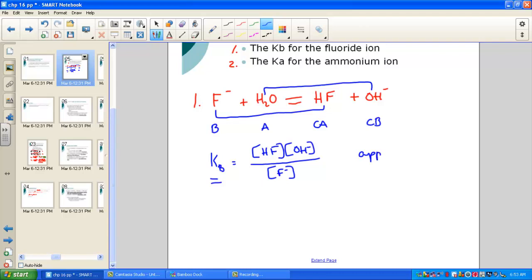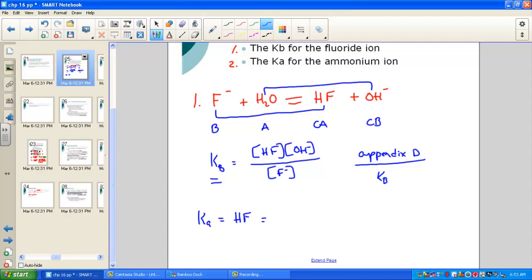So here I am in Appendix D, and no matter how I stare at the Kb, there aren't very many. I do not see the fluoride ion. However, look at the Ka, which is a much larger table, and I want you to find the conjugate acid of our base. Remember, if fluoride is our base, its conjugate acid is HF.